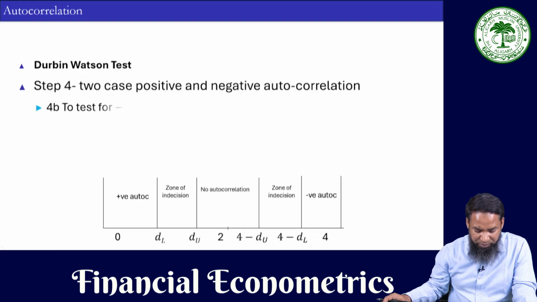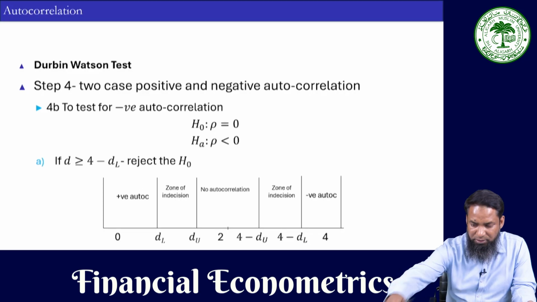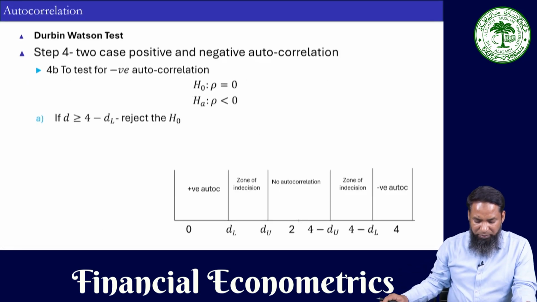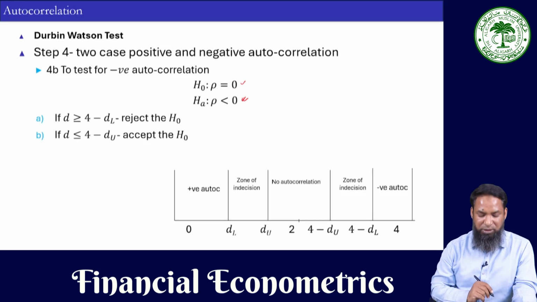Similarly, here we have the case of negative autocorrelation. Again the null is rho equal to 0, and the alternative is rho less than 0.